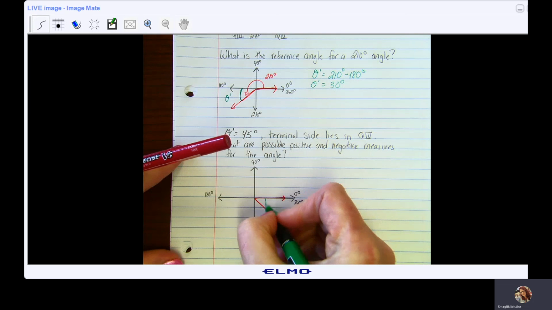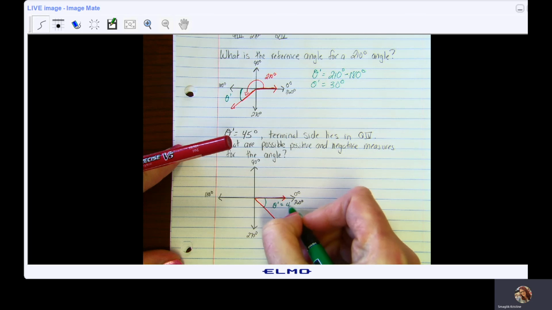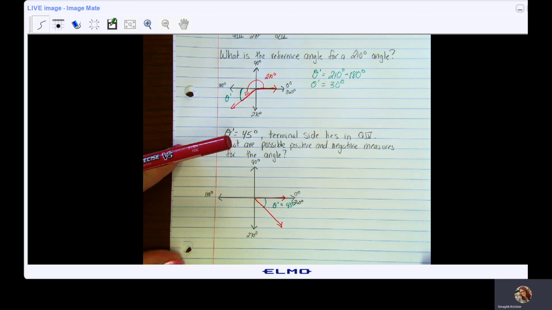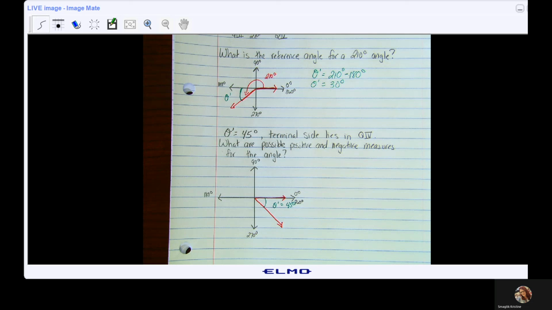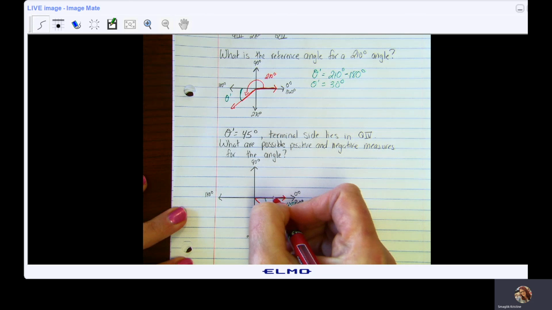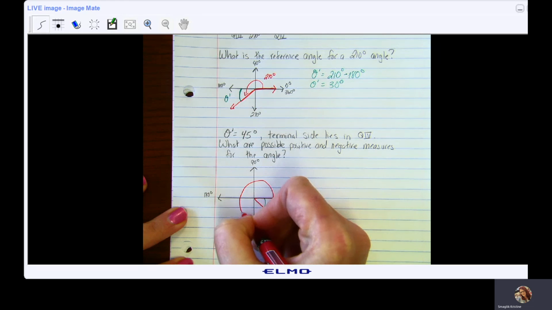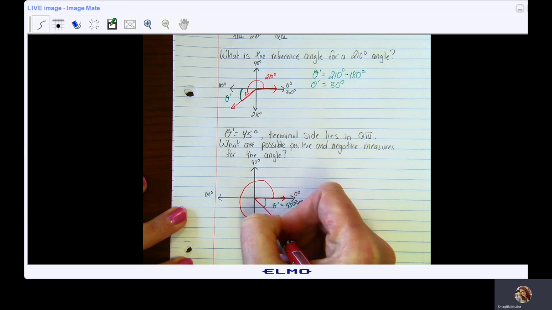My reference angle is 45 degrees. So if I want to calculate the positive angle, to go positive, we're going counterclockwise. So you start at the initial side and you come around here. This is your positive angle.